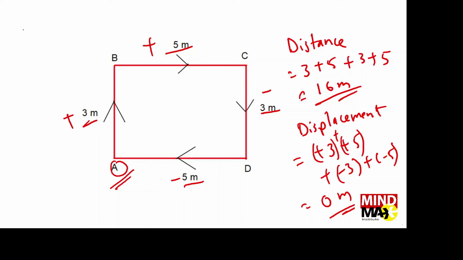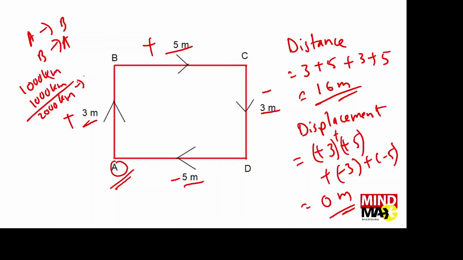That is why, let's say, in a case where a person has moved from one country to another country and back, let's say he moved from country A to B and then B to A. Let's say he moved 1000 kilometers and then 1000 kilometers back, right? So the total distance moved by the person was 2000 kilometers. This was the distance. But if we consider the displacement, it was plus 1000, meaning A to B was the positive direction and B to A is the negative direction.